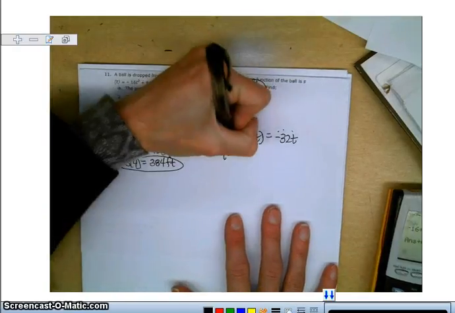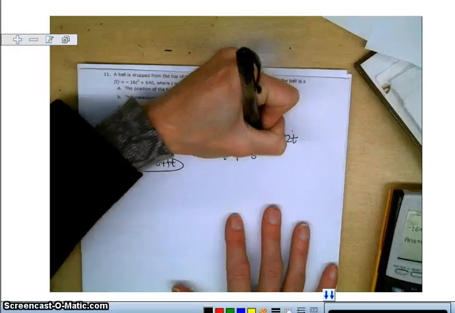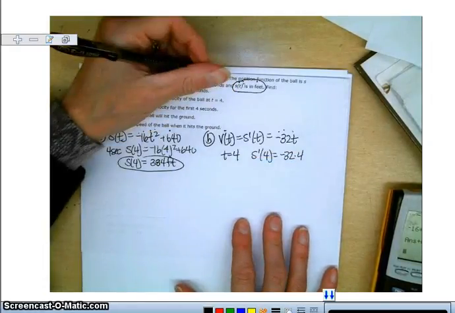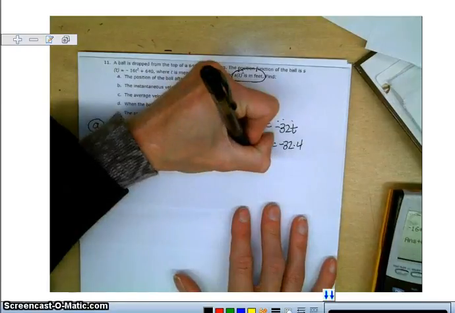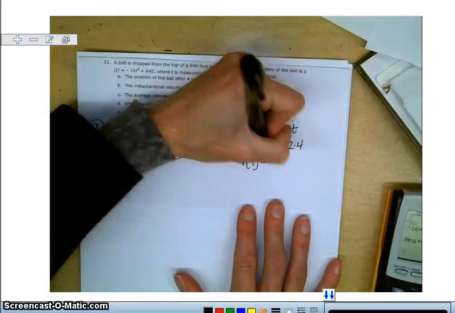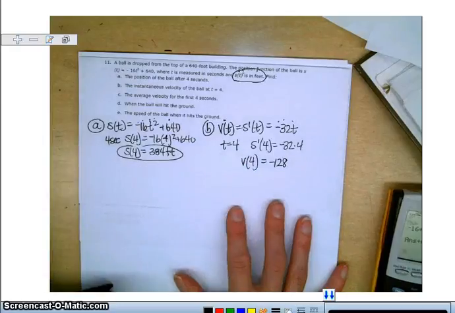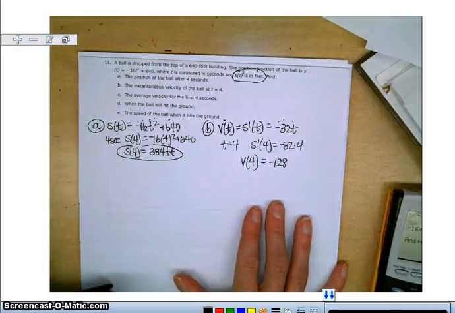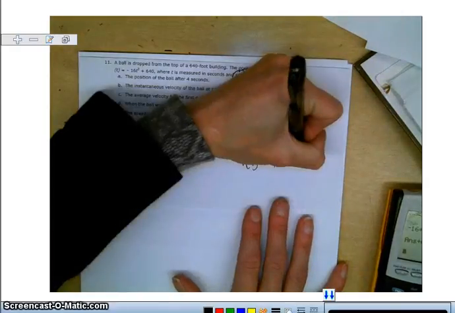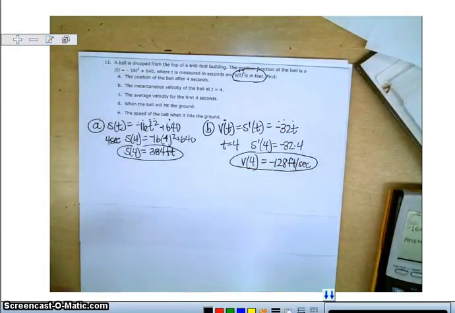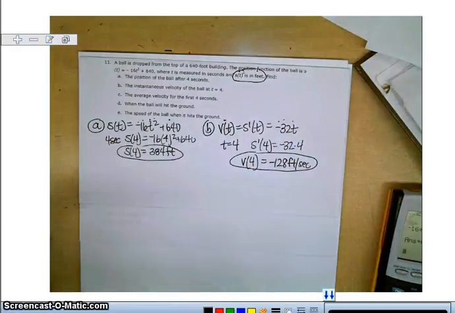Plug 4 in for t. So s prime of 4 is negative 32 times 4. So the velocity right at 4 is negative 128. What would the label be? Feet per second. A velocity is a speed with direction. That's why there's a negative.